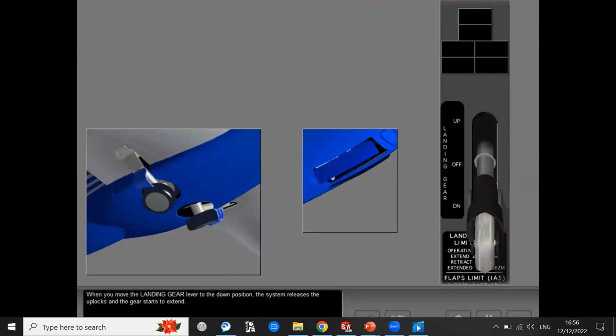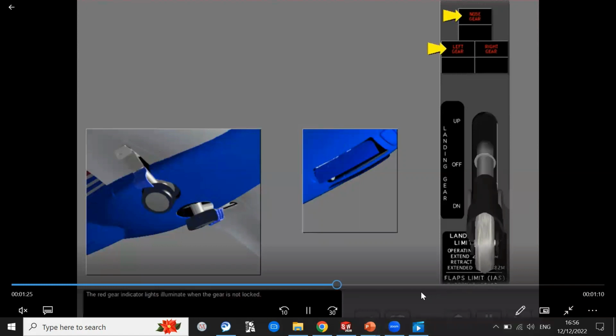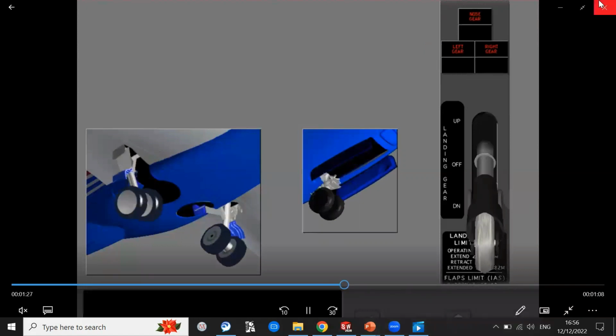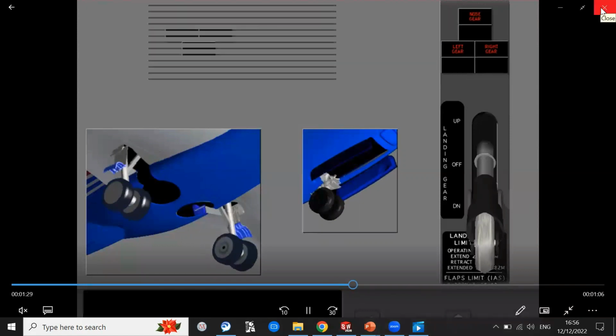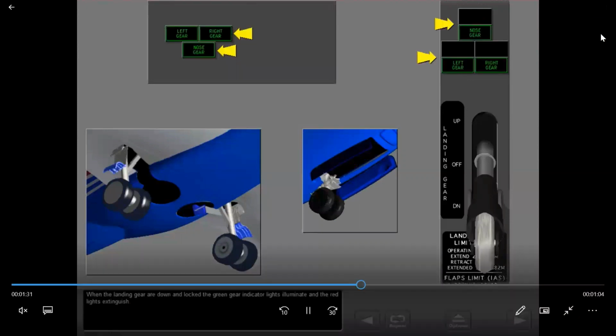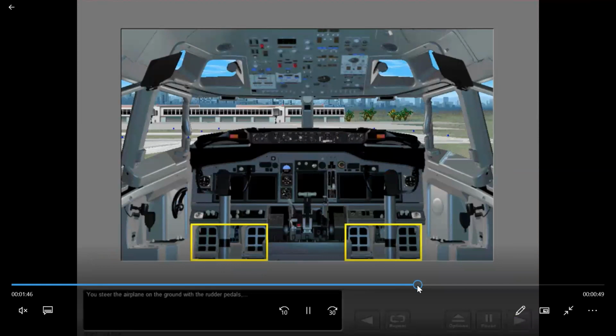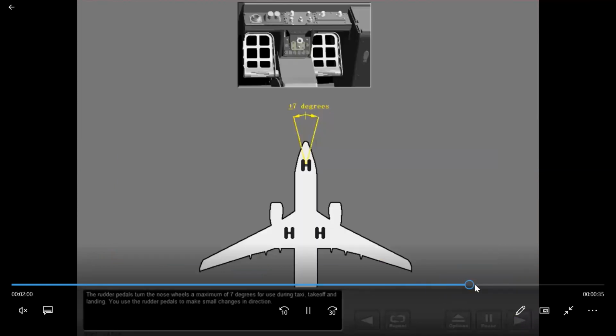When it is on the ground, then you need to drive, so steering. So these three modes it has, and it is quite a monotonous video. So now the gear is extended. You see inside the aircraft how it works.